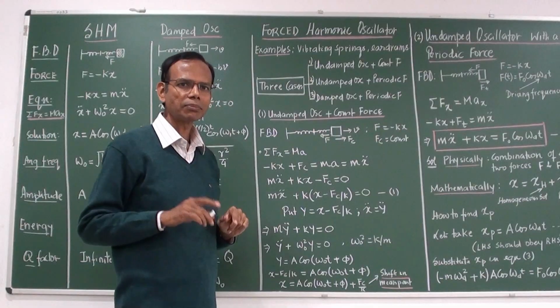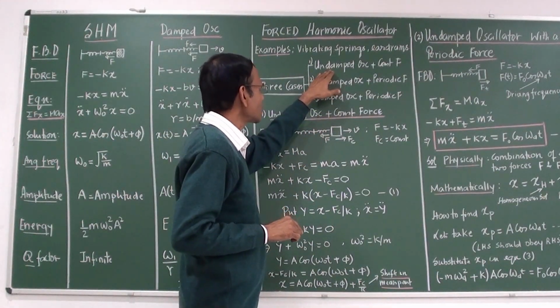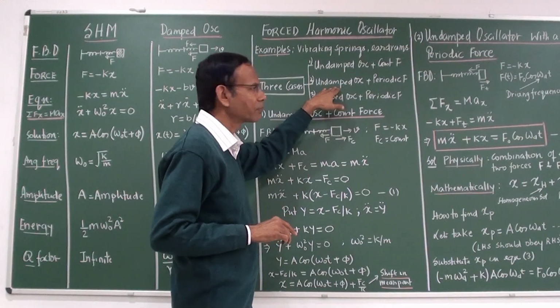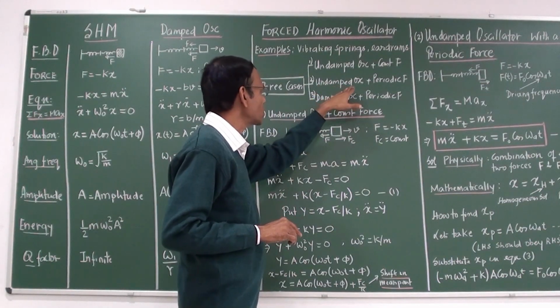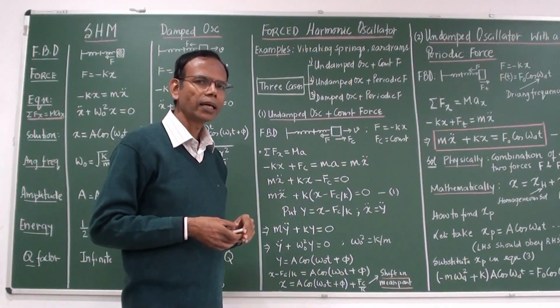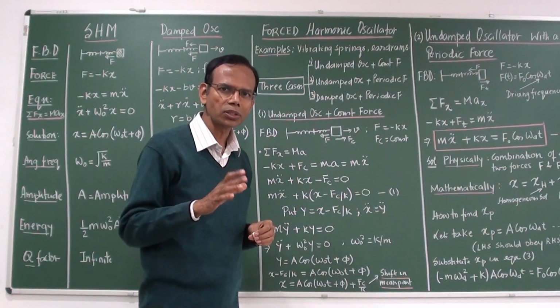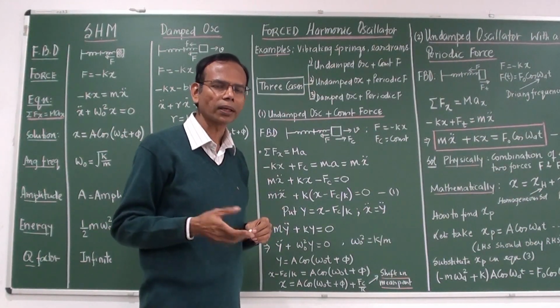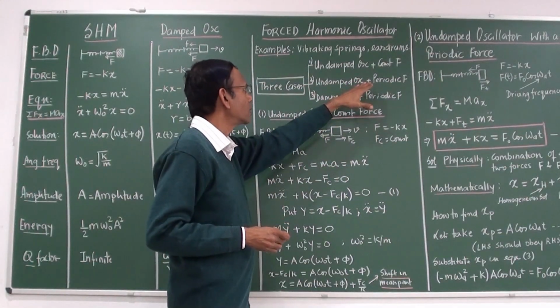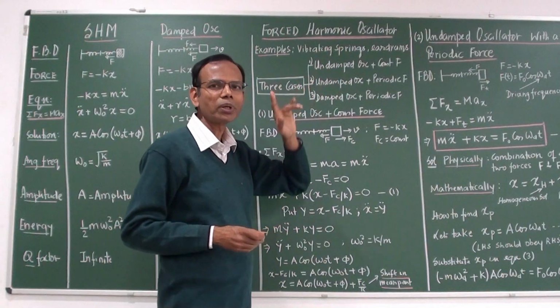Now as you see, something very interesting here. The first case and the second case, if you compare, here it is undamped oscillator plus periodic force. Now periodic means F0 cos omega t. If omega is 0, then cos omega t is 1. So basically, the second case reduces to the first case if omega is equal to 0.